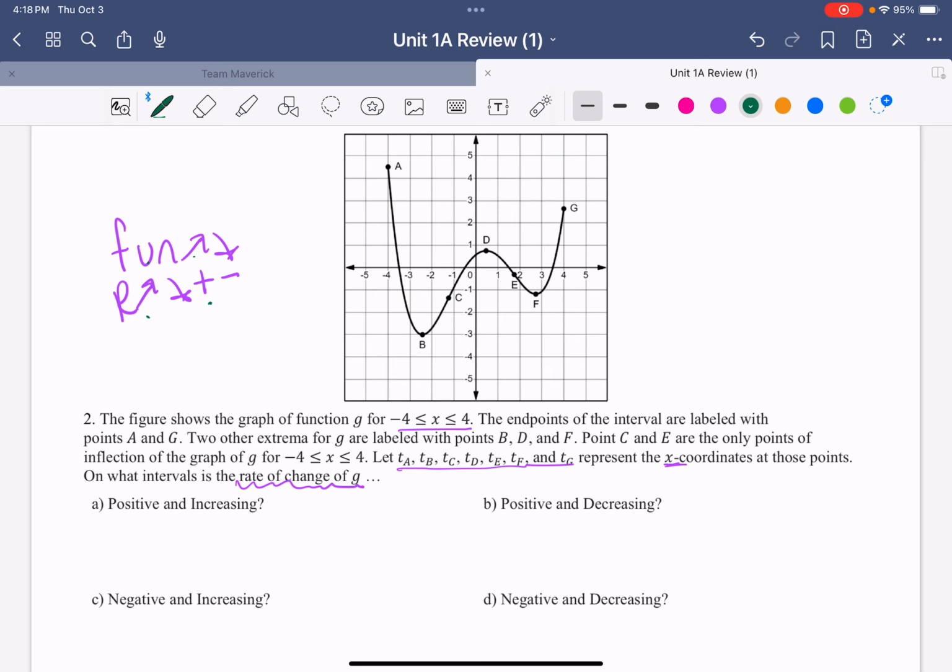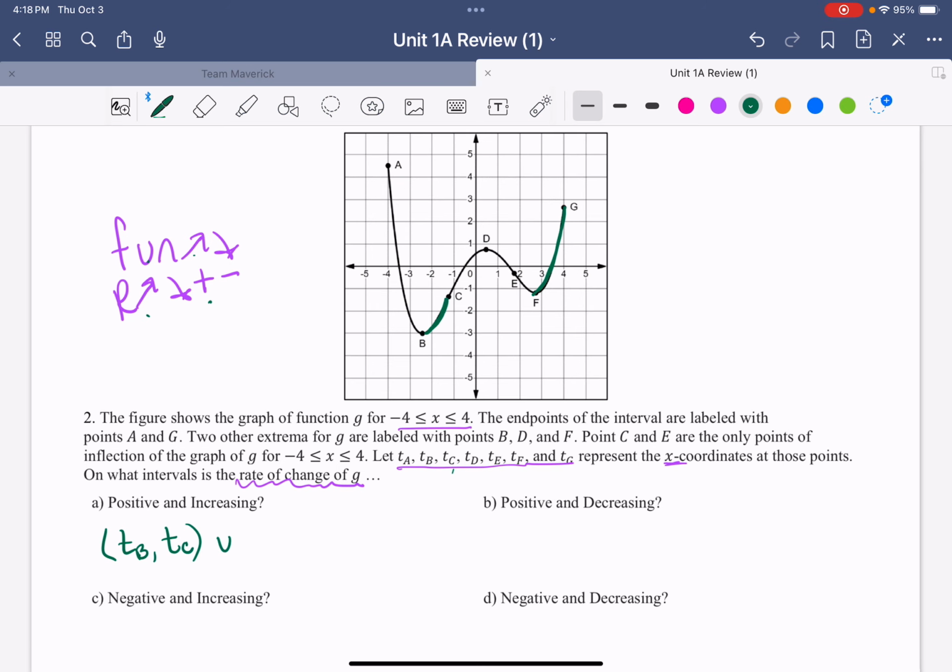All right, so concave up and increasing is right here and right here. Remember, these represent our x values. So I'm going from t sub b to t sub c, and then I'm also going to use t sub f to t sub g.